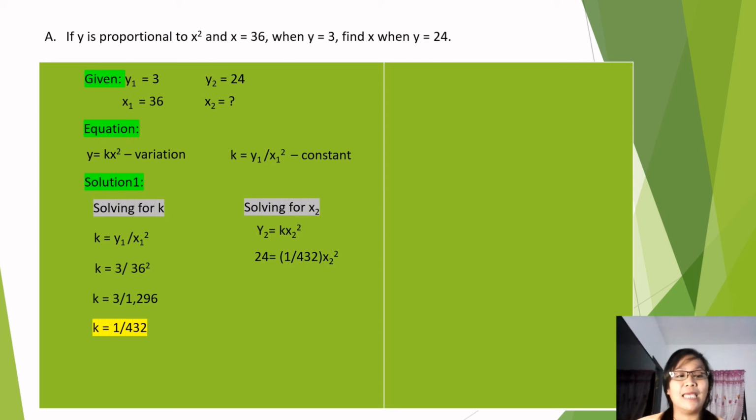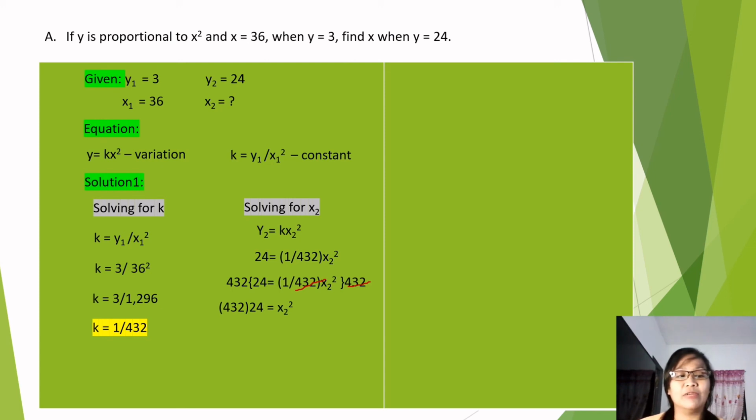So to isolate x sub 2, we're going to multiply both sides by the reciprocal of 1 over 432, which is 432. So, eto na siya. Cancel na si 432 and 432. Kaya ang natira ay 1 times x sub 2 squared, which is x sub 2 squared.